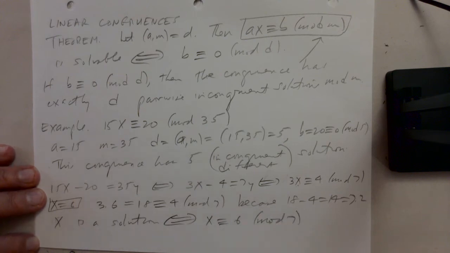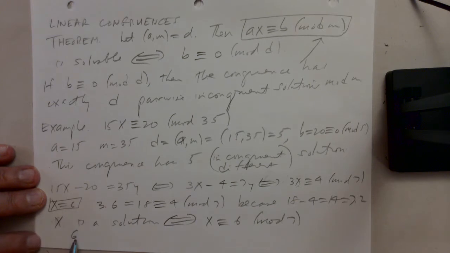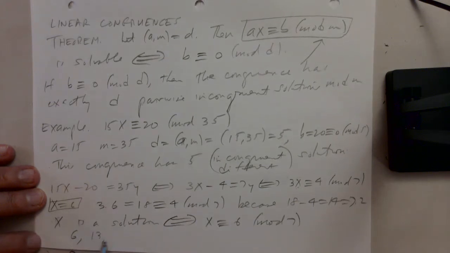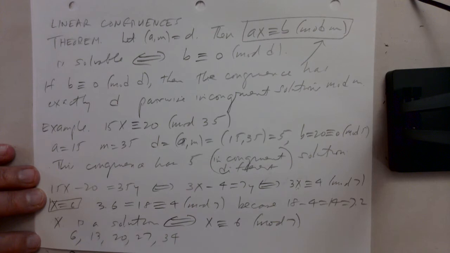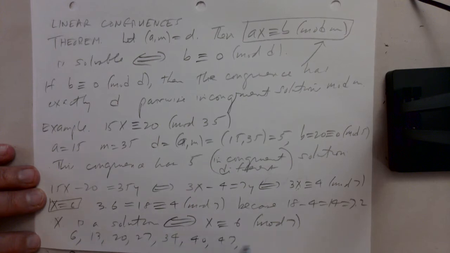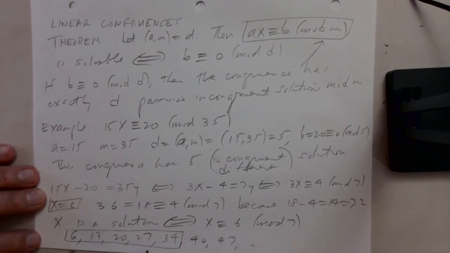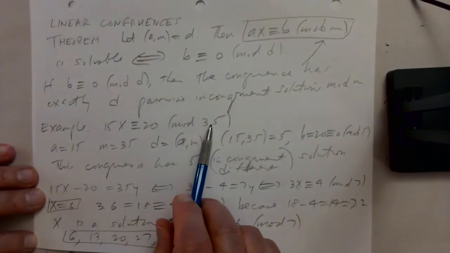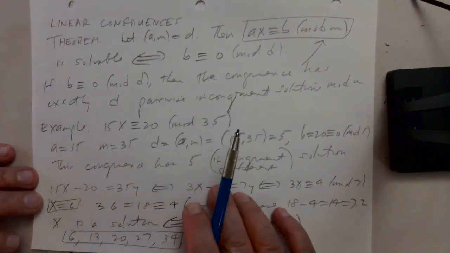So what are the numbers congruent to 6 mod 7? 6, 13, 20, 27, 34, 40, 47, and so forth. But the first 5 are in different congruence classes modulo 35.